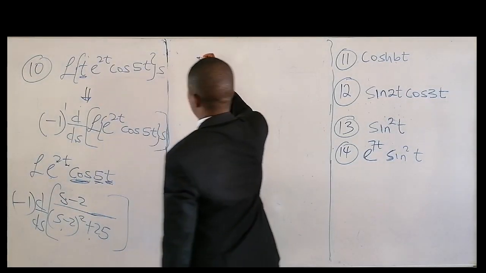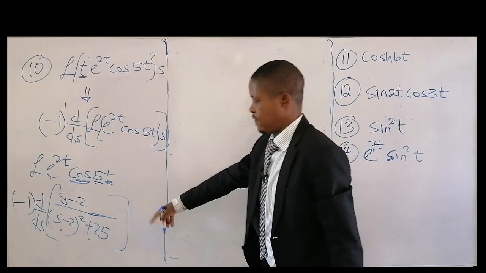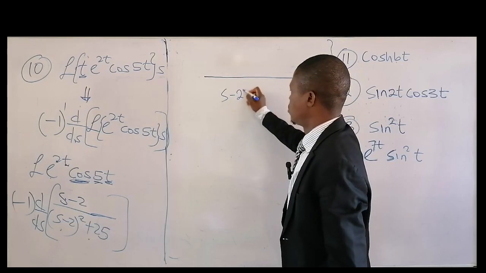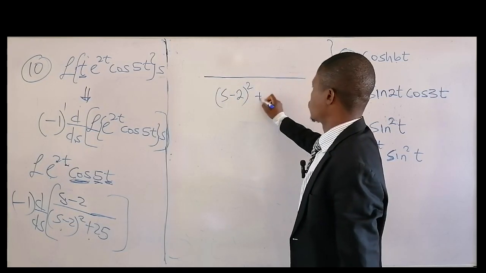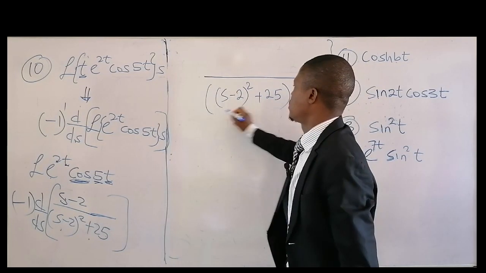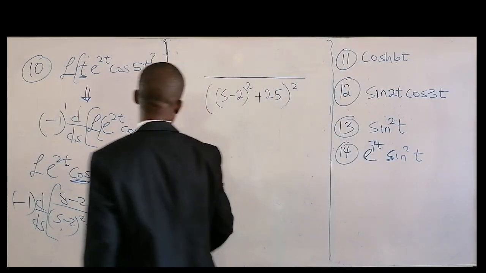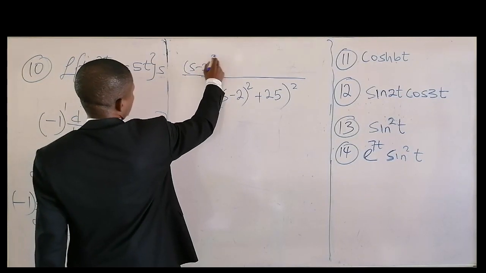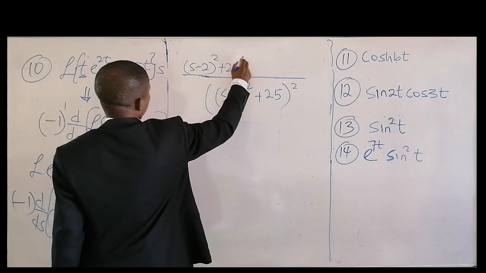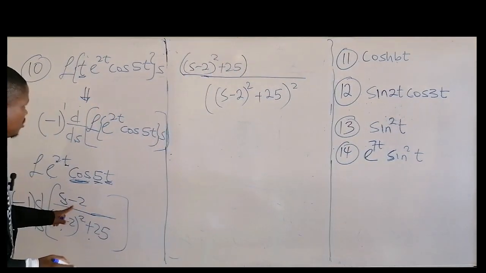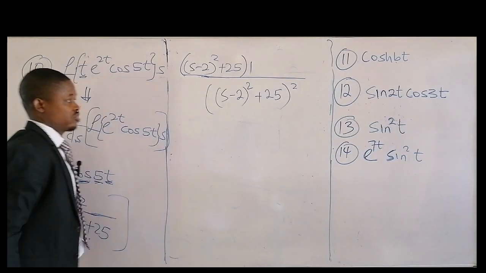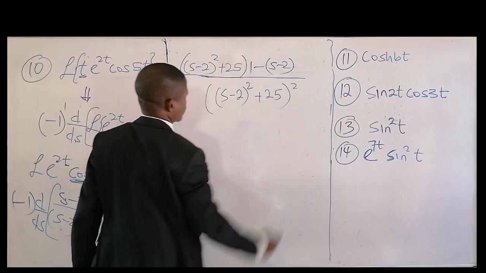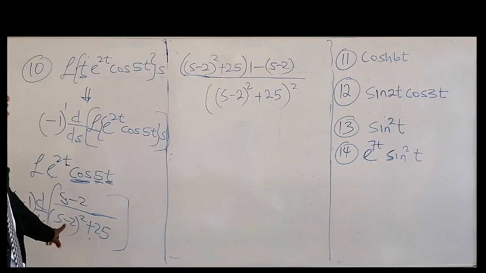So let's get the differential. It is a fraction, so that will be the quotient rule. We have the denominator, x minus 2 squared plus 25, everything here squared. Then the denominator x minus 2 squared plus 25 times the derivative of the numerator, which is 1 with respect to x, and then minus numerator x minus 2 times the derivative of the denominator.